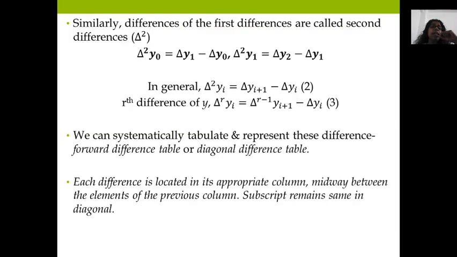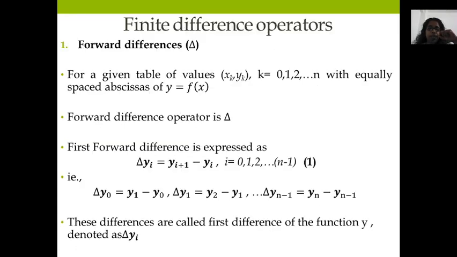Let's see. Similarly, the differences of first differences are called second differences, del 2. So del 2 y0 is delta y1 minus delta y0. That is, second forward differences are the differences of first forward differences. Remember here, first one is differences of the function itself, y1 minus y0.